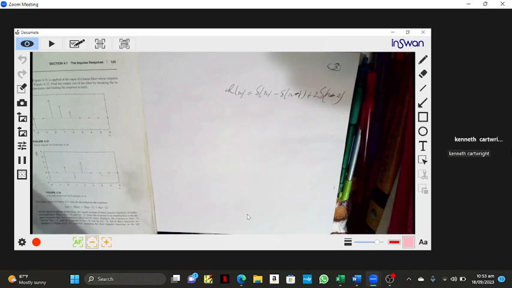When we first introduced FIR filters, I gave you a property of FIR filters that you are able to write a difference equation just by looking at the impulse response.